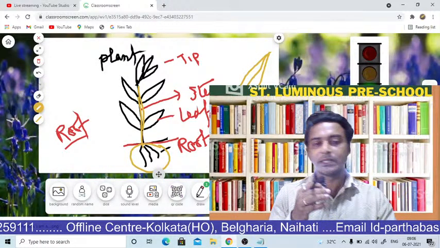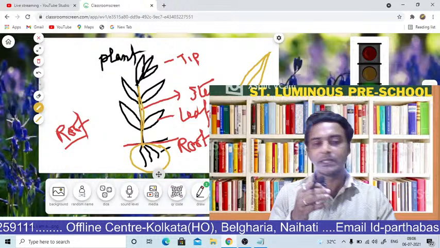So look at the next part, the green leaf of the plant. Suppose this is the leaf portion of the plant. This is the apex of the leaf.